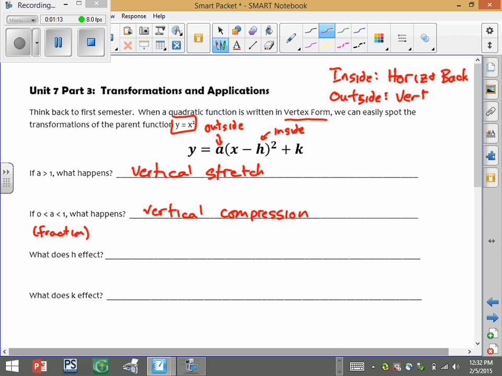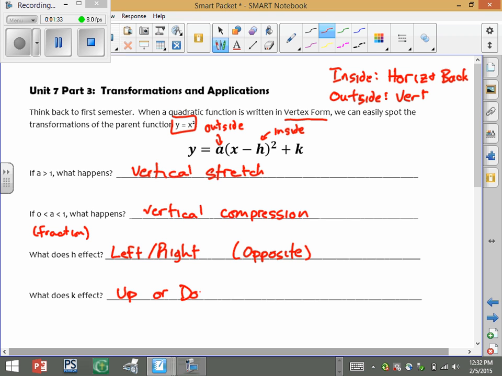So H being inside means it's going to be left or right. But remember, you move in the opposite direction of what you're thinking. It's backwards. What effect does K have? Well, K is going to move it up or down.